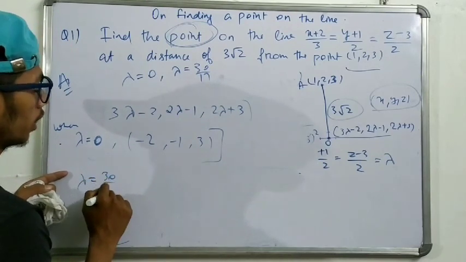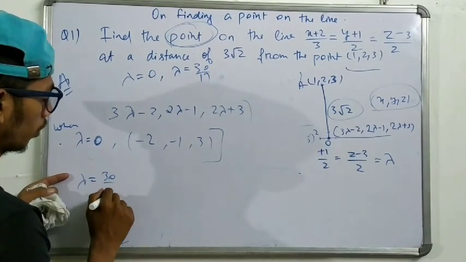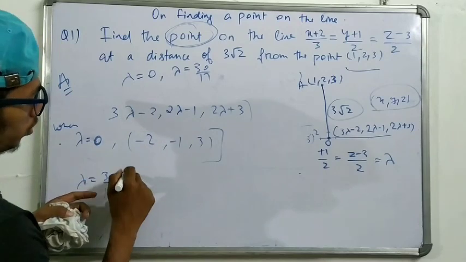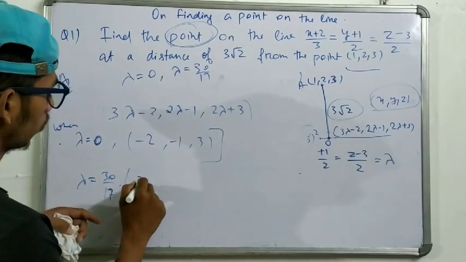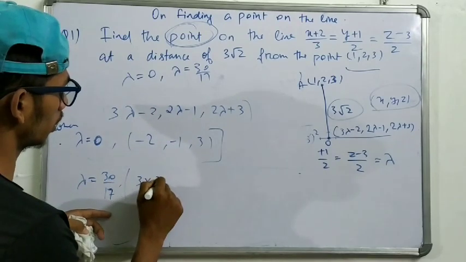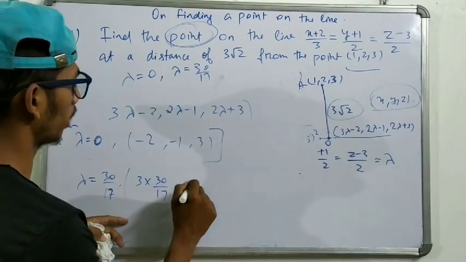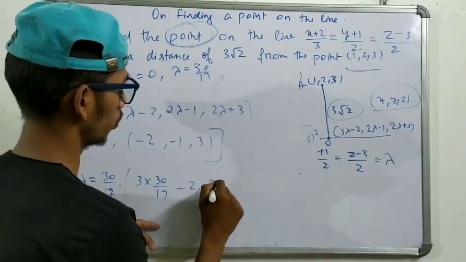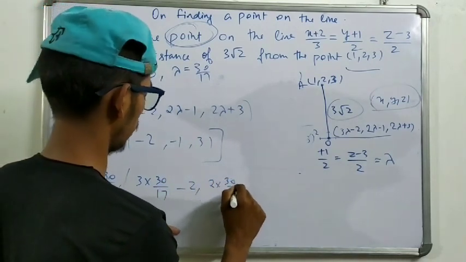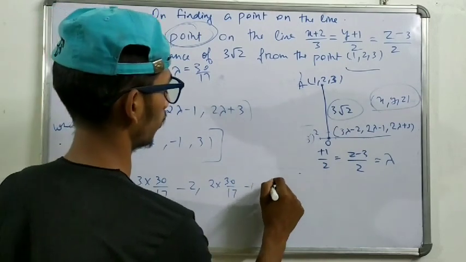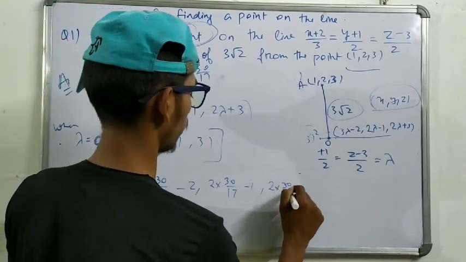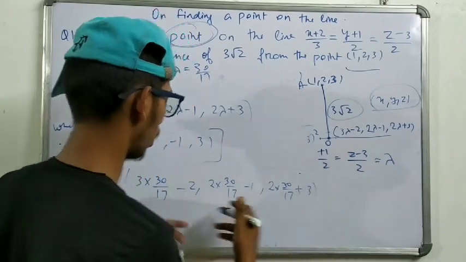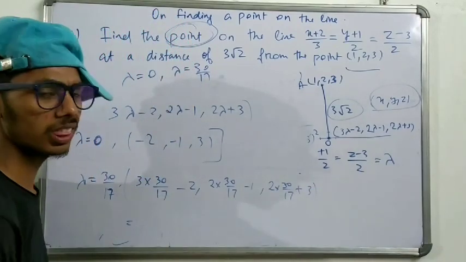It's 30 by 17. So when we put the values, we'll get the point: 3 into 30 by 17 minus 2 comma 2 into 30 by 17 minus 1 comma 2 into 30 by 17 plus 3. Solve it, and we have already solved the question.